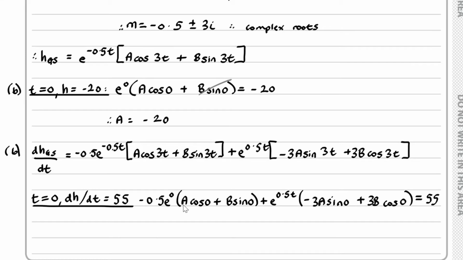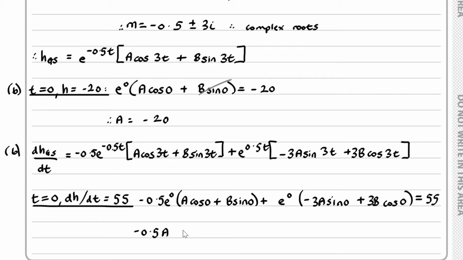So we have minus 0.5 a, sorry, this is just e to the 0, and then here we have 3b.